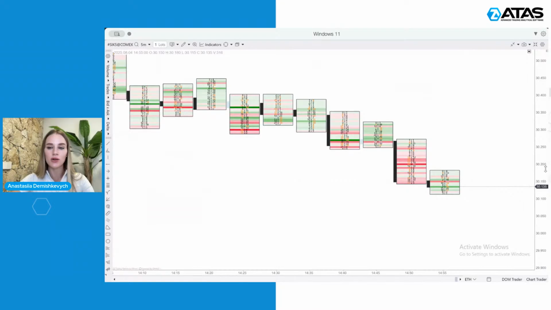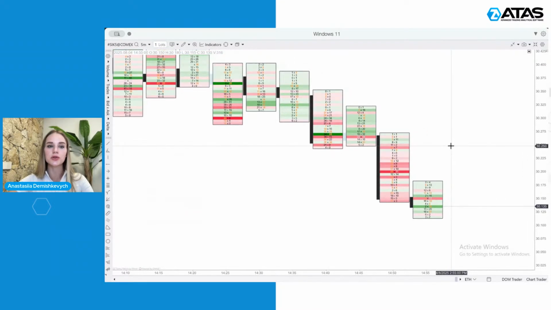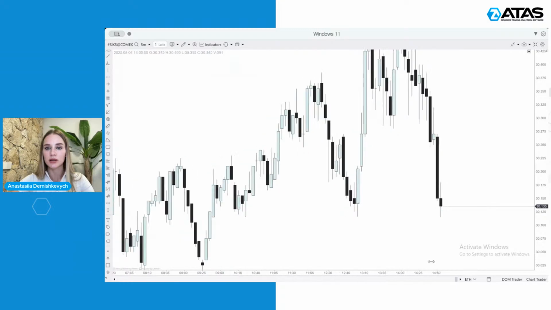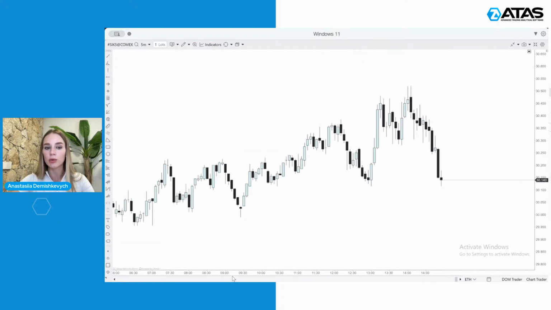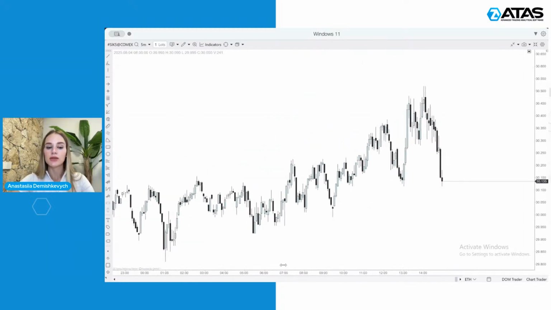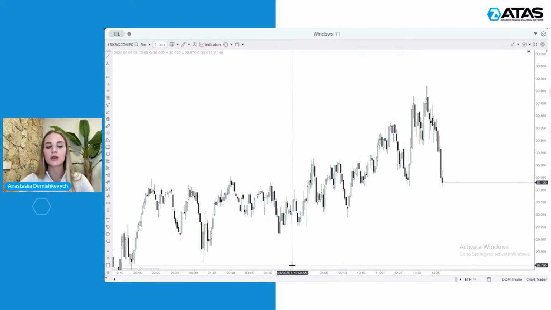So that's one of the most powerful tools that I find personally for my own trading, and that's footprint charts. Many traders use classical candlesticks, just like this, the Japanese candlesticks, and they show us high, low, open, and close for a given time period.